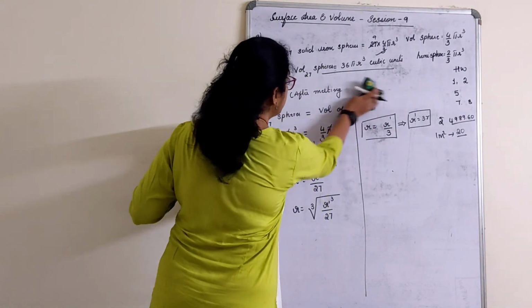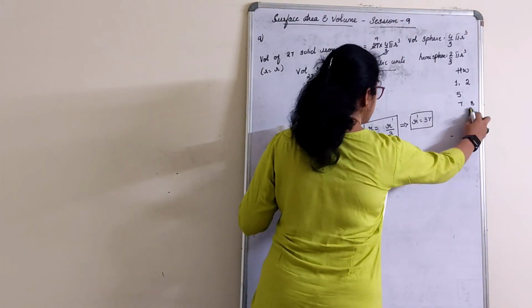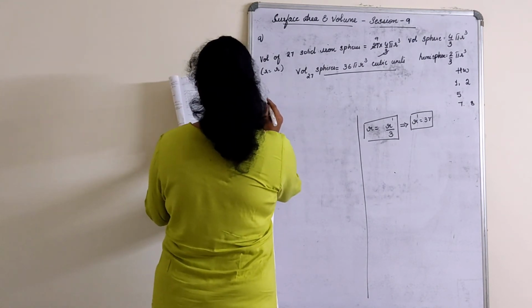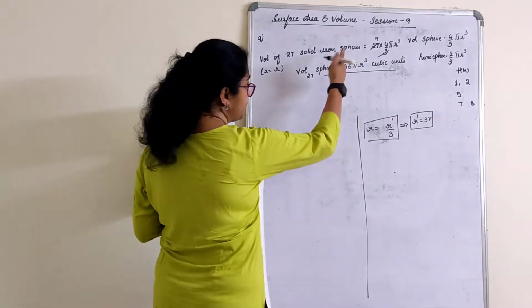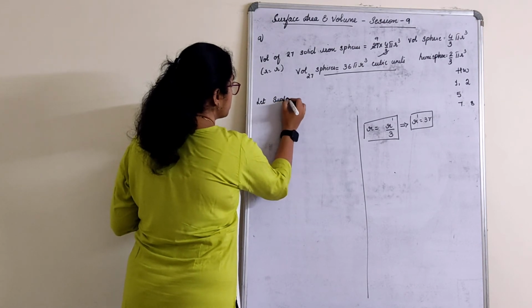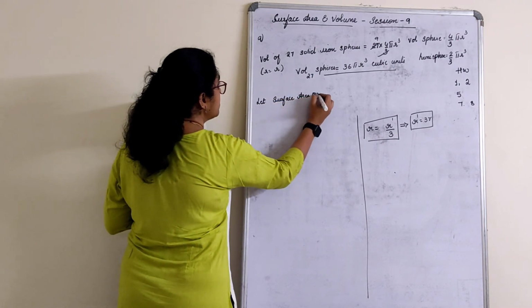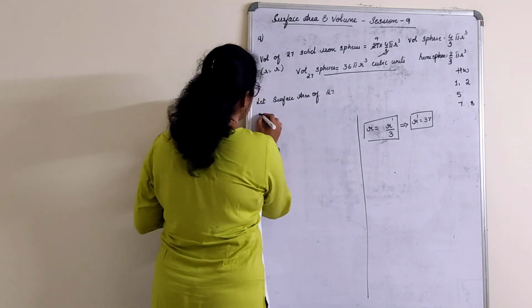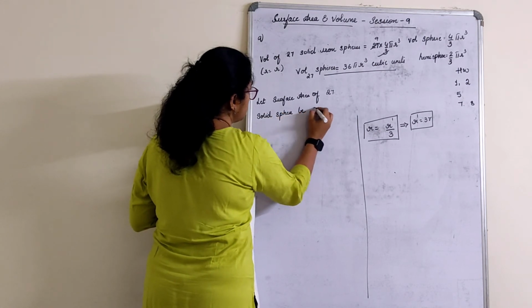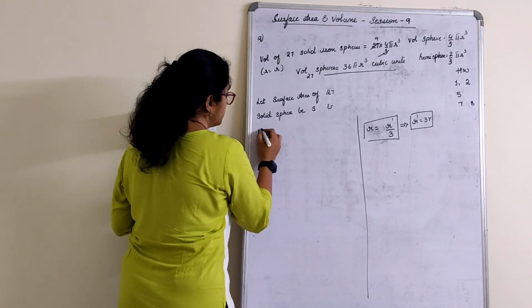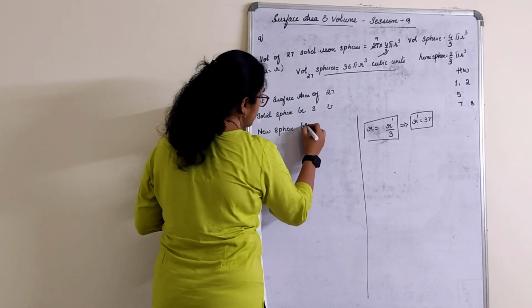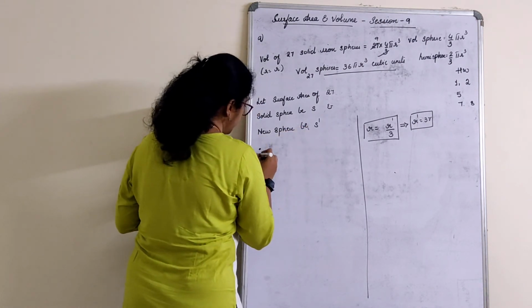Let the surface area of the 27 solid spheres be S and of the new sphere be S dash.